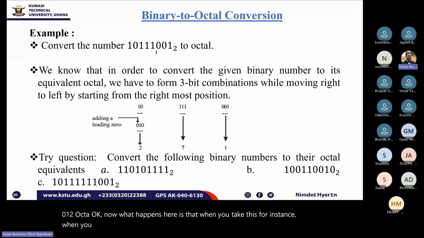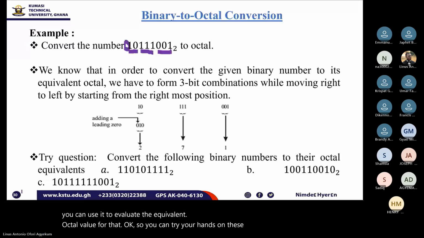So what you do is add a 0 to it and you should be fine, as has been demonstrated here. Anytime you take 3 bits and have less than 3 bits, just add zeros so that you can evaluate the equivalent octal value. You can try these examples at your leisure.